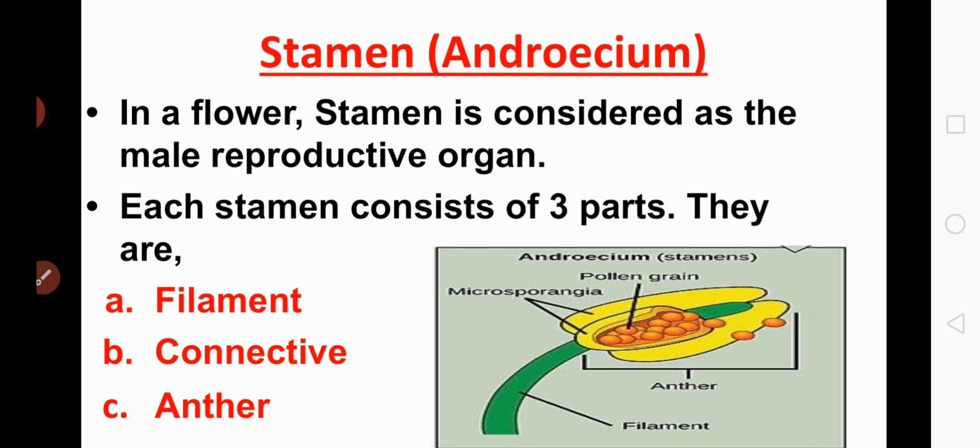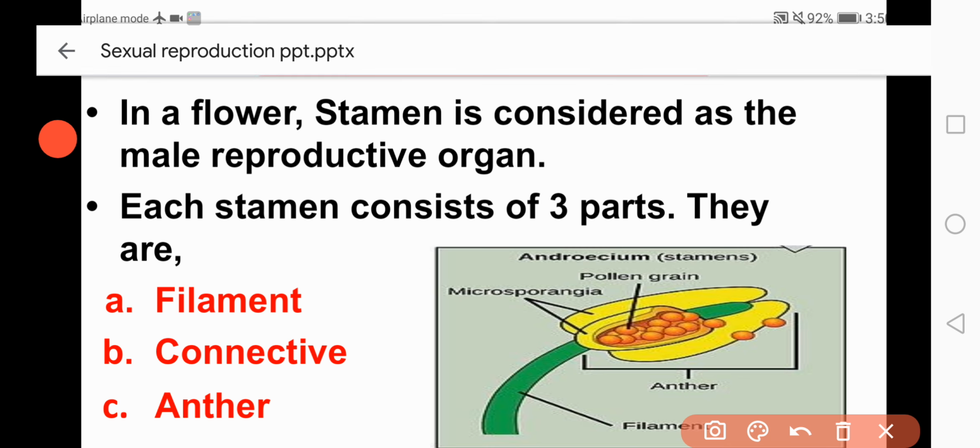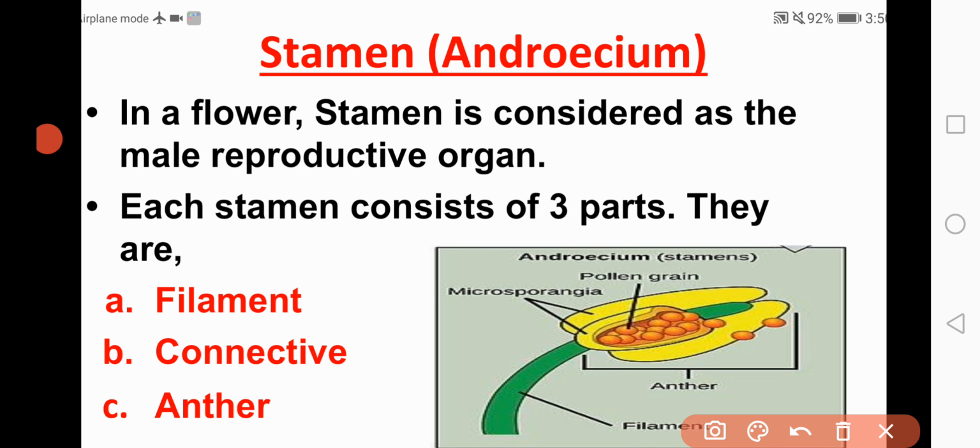Now the filament is the stalk-like part. In the picture, this portion is called the filament, a long stalk-like part. The anther is the terminal or tip portion of the stamen.